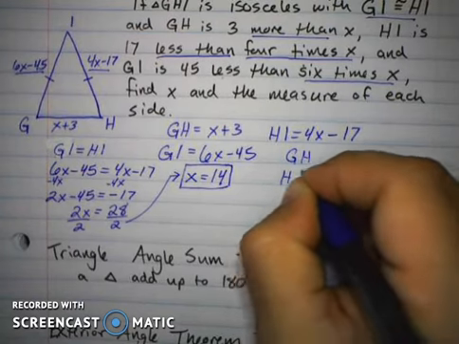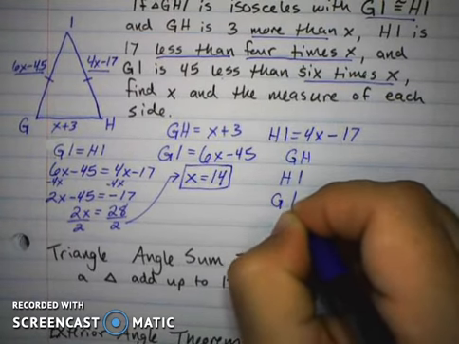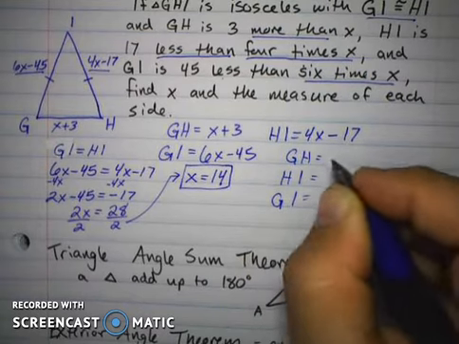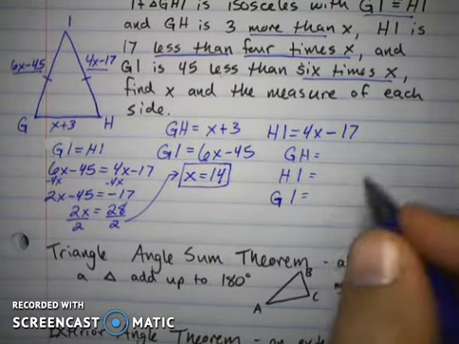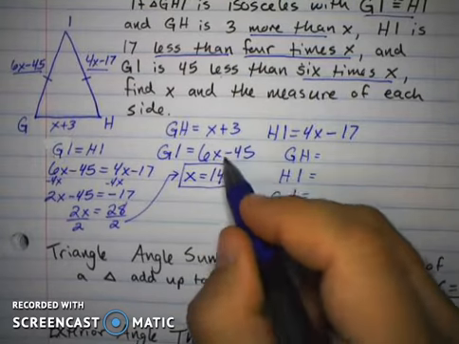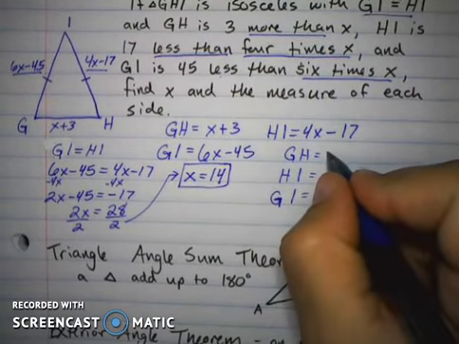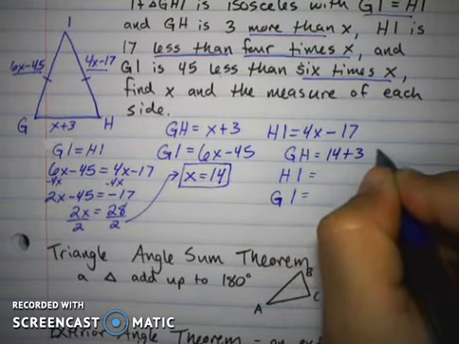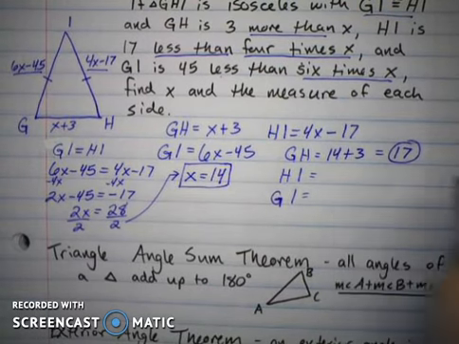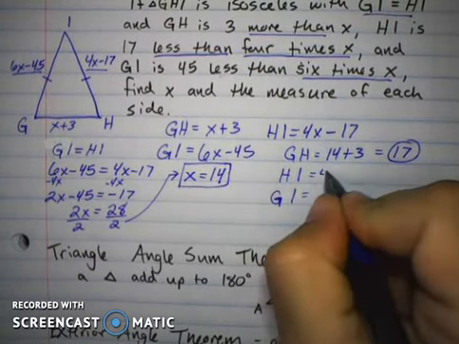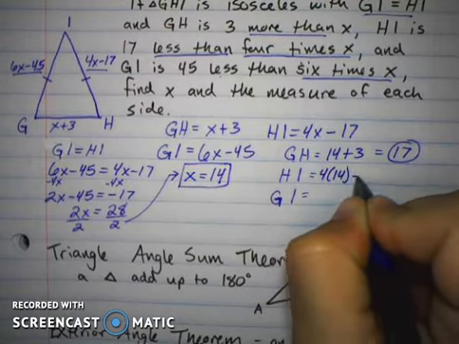GH, HI, and GI. So we're going to plug 14 in for X in each of these cases. For GH, that becomes 14 plus 3, which is 17. For HI, we would have to do 4 times 14 minus 17.